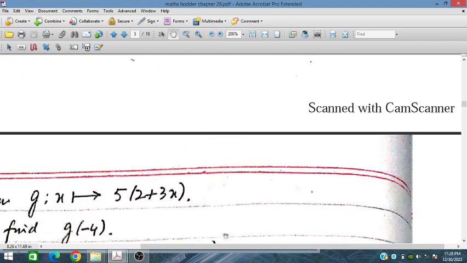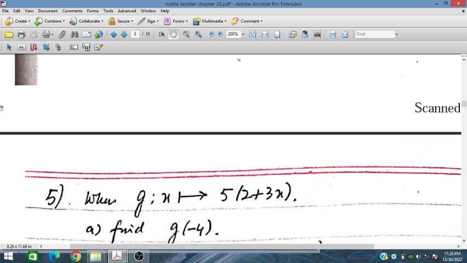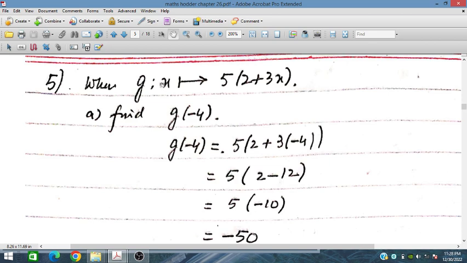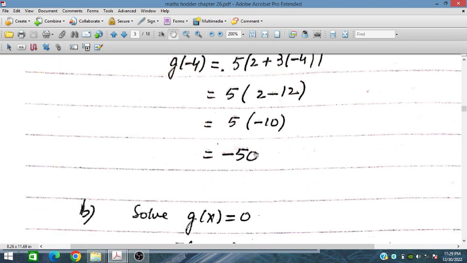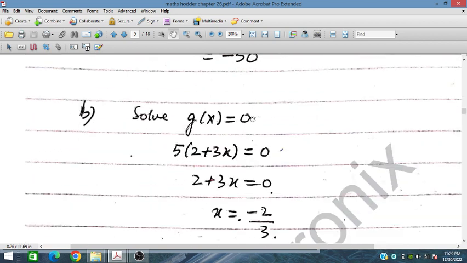Similarly for part 5, when the function g is applied, g(x) is basically 5 into 2 plus 3x, and at g(-4) we will write minus 4 here, and we will get minus 50. Solve g(x) equal to 0. So 5 into 2 plus 3x is equal to 0.